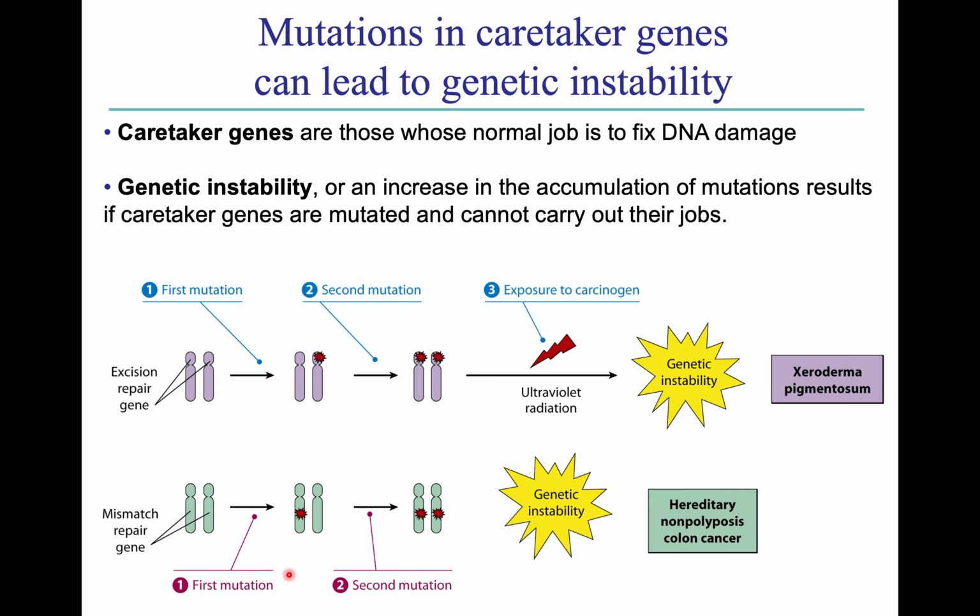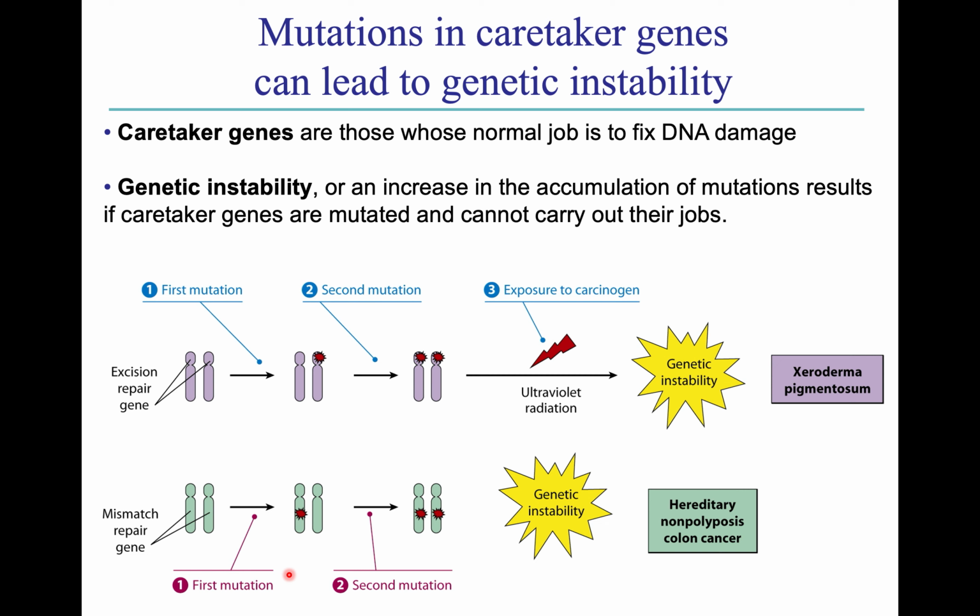All right, so just to remind you, we talked about the fact that tumor suppressor genes could be gatekeeper genes, meaning those that help control progression through the cell cycle, or they could be caretaker genes. Those would be tumor suppressor genes whose normal job is to take care of the DNA, basically fix DNA damage.